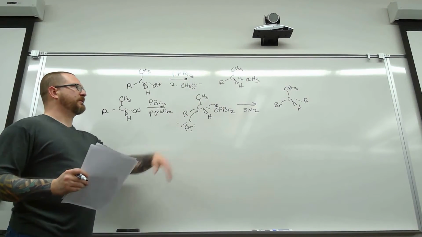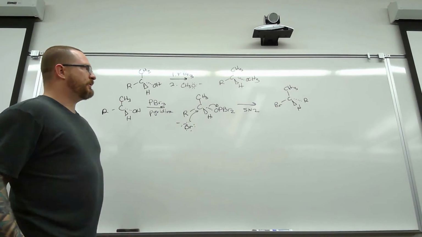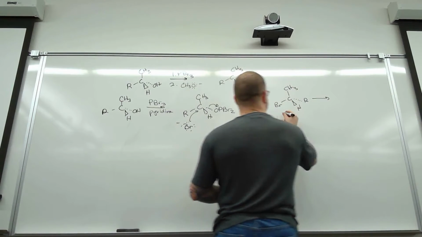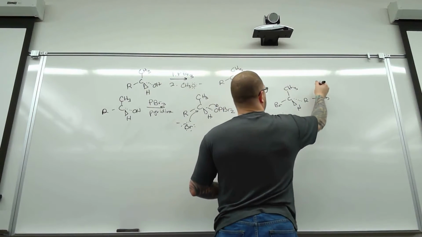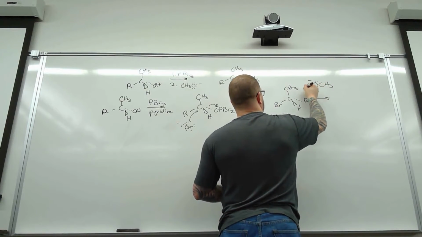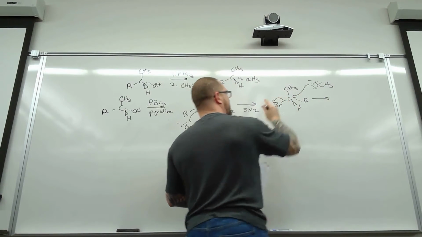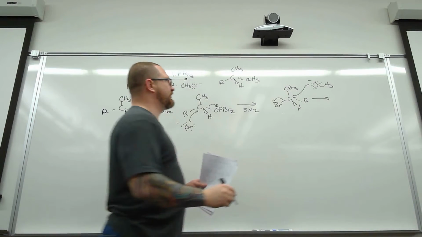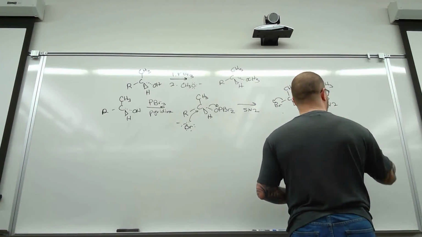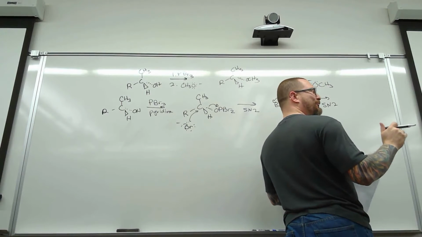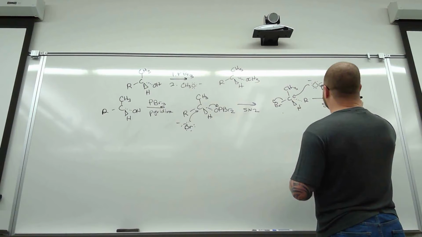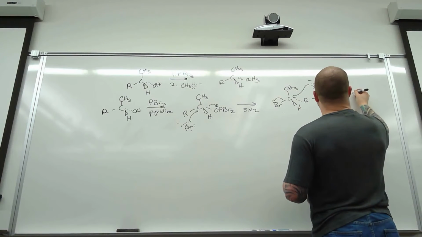Because we're doing that backside attack because of the Sn2, so it's going to flip the stereocenter. And then when we come in with our methoxide, kicking off the bromine as a leaving group, this gives us a second Sn2 style reaction, reinverts it the other direction, pushes the R group back.